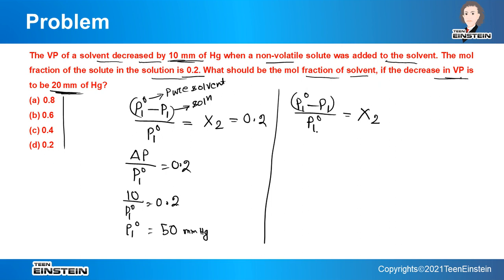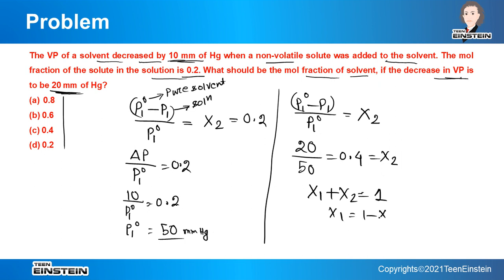So in place of the numerator we will write 20 and P1 naught we have already calculated, which is 50. So this ratio is 2 by 5, which is basically 0.4. So x2 is 0.4, but we need the value of x1, not x2, and we know that x1 plus x2 is 1. So x1 will be 1 minus x2, that means 1 minus 0.4, 0.6. So the answer is 0.6, that is option B.